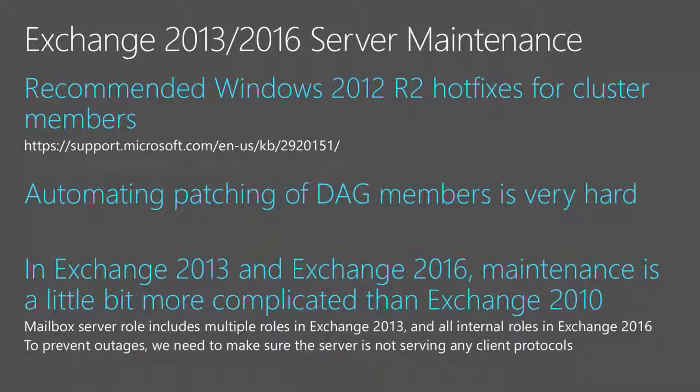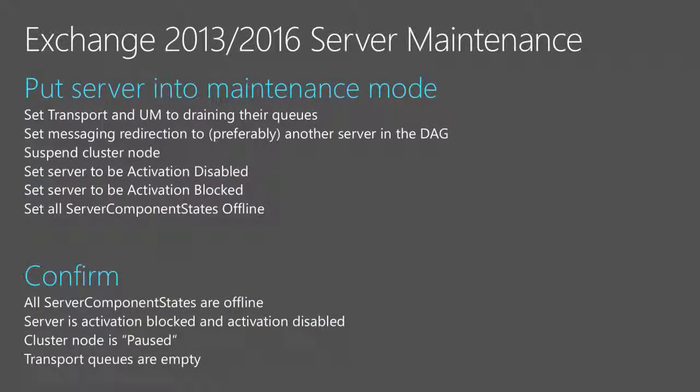So you're not just doing maintenance on a DAG member. You've got a box that has a transport queue, so you've got to drain that queue now. You've got a box that maybe has active calls, so you've got to quiesce those calls and so forth. So it's a lot more involved when you're doing maintenance. For one thing, we introduced this new thing called maintenance mode in 2013, and we carried it forward into 2016.